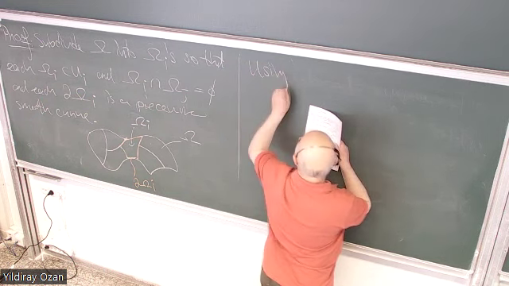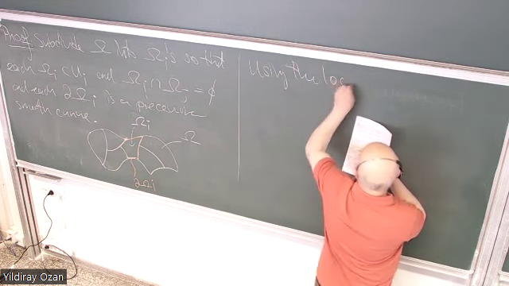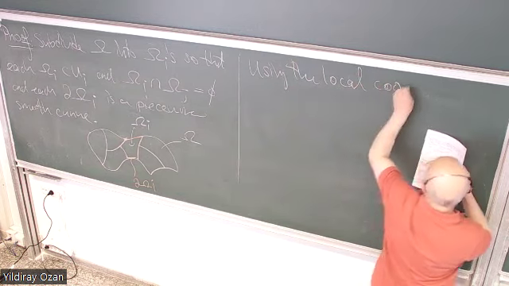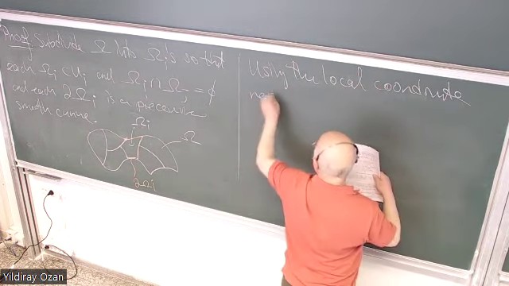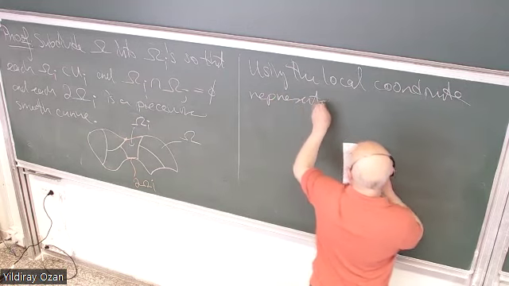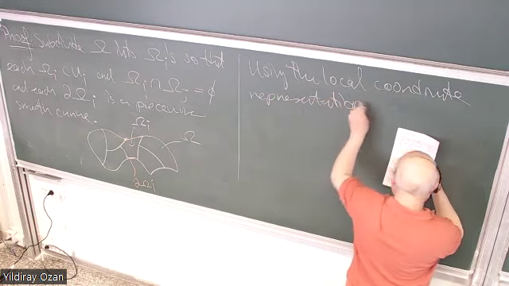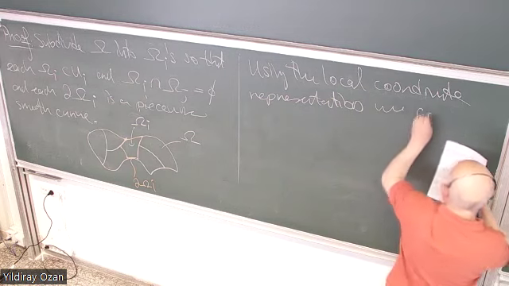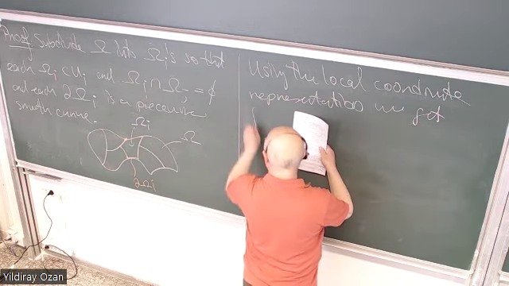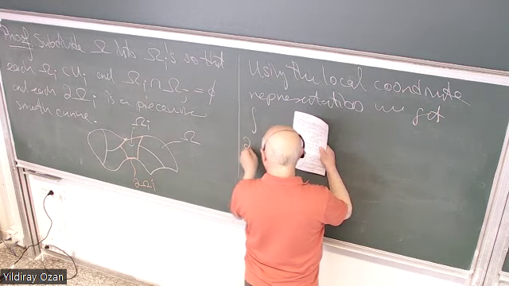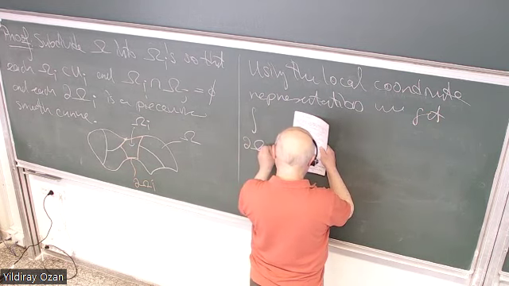Using the local coordinate representations, we get, let's see what we get. Boundary of omega i.